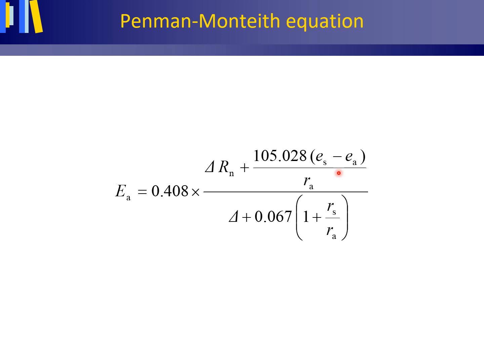Es minus Ea is the saturation deficit in kilopascal, and we'll discuss this in a minute. Delta is the gradient of the saturation vapor pressure curve, or the Clausius-Clapeyron relation, in kilopascal per degree Celsius. It's basically temperature dependent, and Rs and Ra are resistances.